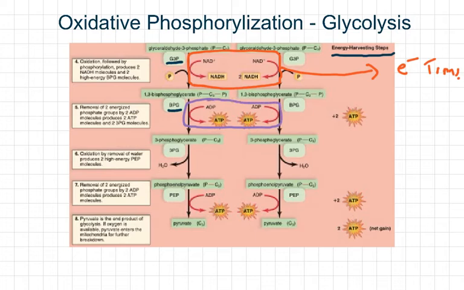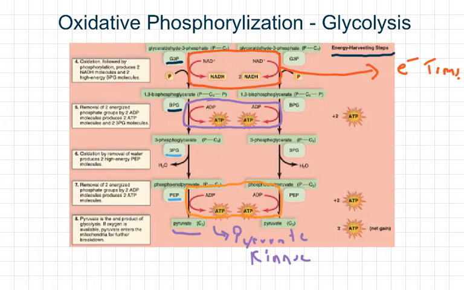From there, 3-PG is converted into phosphoenolpyruvate, or PEP for short. Then PEP is converted into pyruvate via the enzyme pyruvate kinase. And pyruvate kinase creates two more ATP via this process.